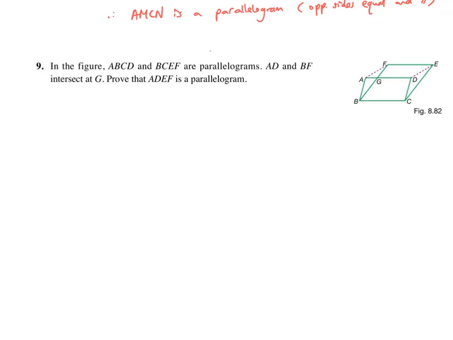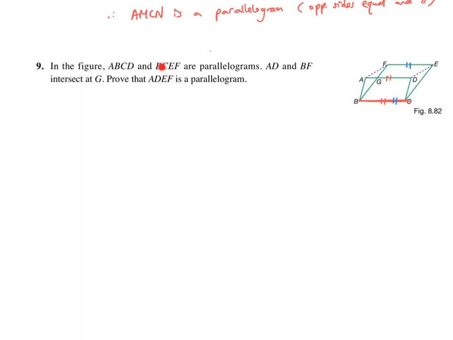This is a very interesting question because from the diagram, you already have two parallelograms. And then you try to prove that ADEF is a parallelogram. So why I say this question is interesting, because you can treat BC as the middleman. Because ABCD is a parallelogram, you can look in the diagram here, AD equals to BC.